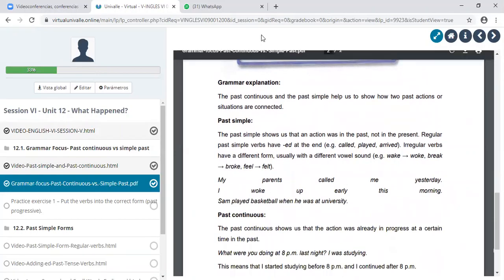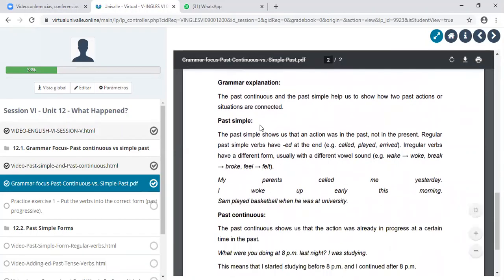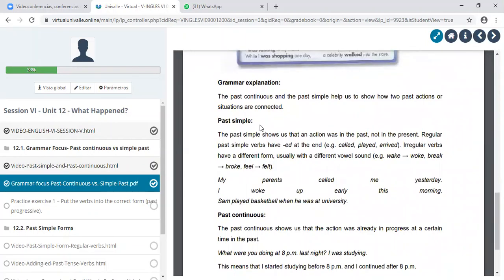And here we have the grammar explanation. The past continuous and the past simple help us to show how two past actions or situations are connected to each other. Okay? The past simple shows us that an action was in the past, not in the present.